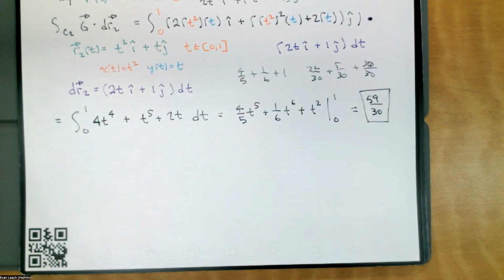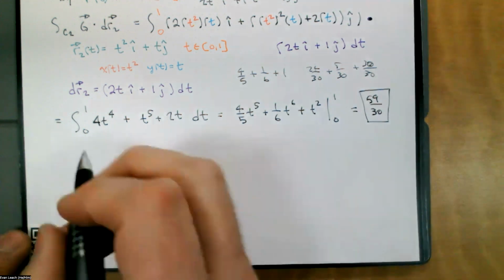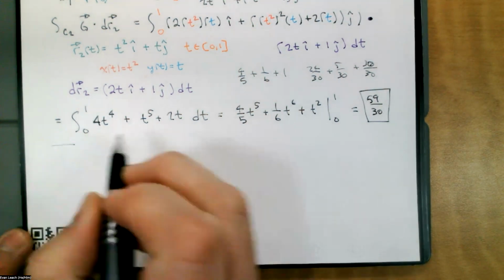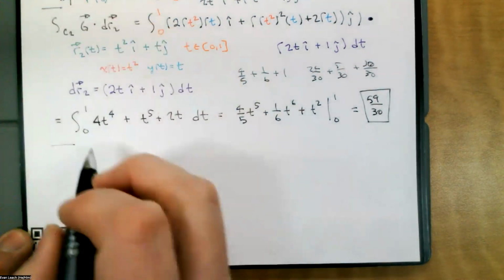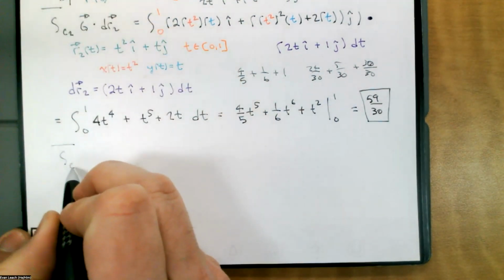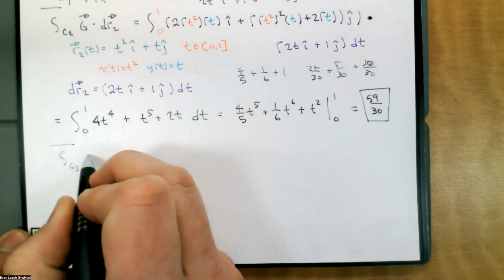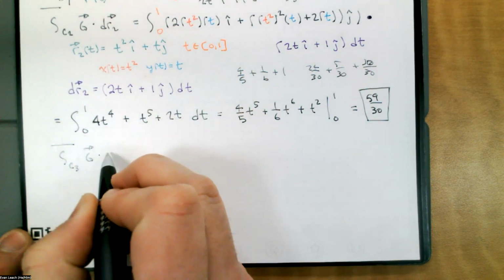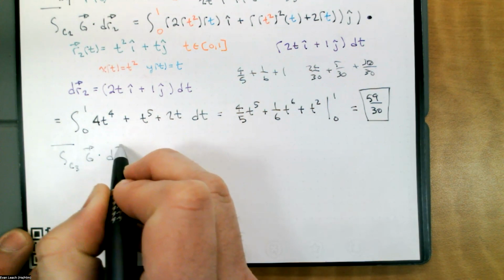But we have more than one way to get from the point (0, 0) to the point (1, 1). We got 59 over 30 for this path from (0, 0) to (1, 1). Let's integrate over the line C3 of G dot dr3.